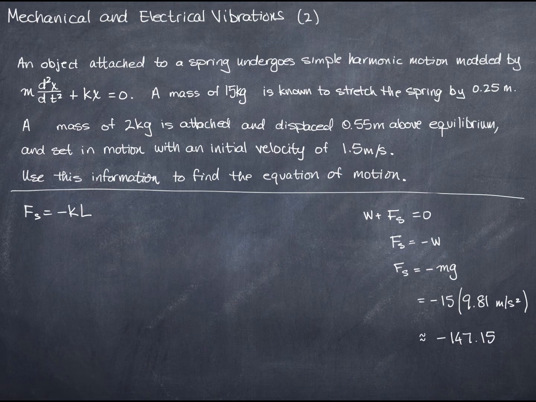So now I have a value that I can replace F sub s with. Let's do that. I'm going to write negative 147.15, and then I'm going to check back to the calculator and see how accurate that was as I mentally rounded off.